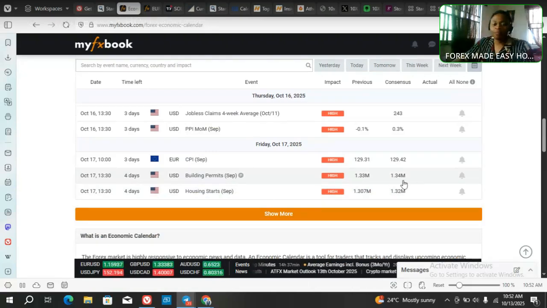If you go lower than 1.34 million, it is bad for the dollar. Then the housing starts. If you go higher than 1.32 million, it is good for the dollar. If you go lower than 1.32 million, it is bad for the dollar. So these are explained for you.